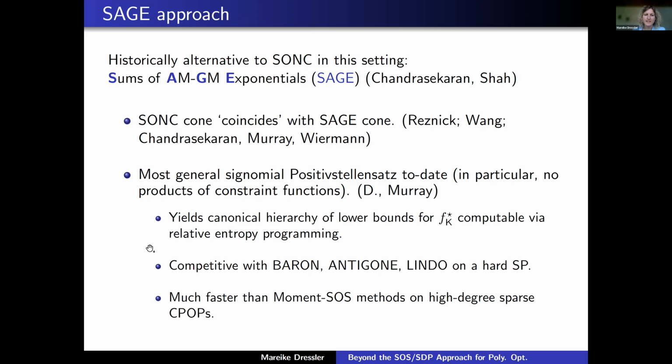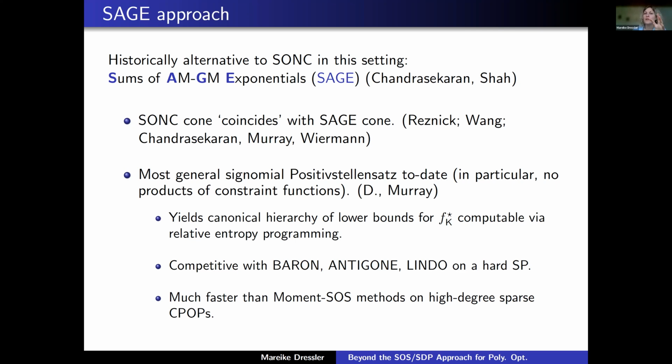And in various cases, it was now shown that the bounds we get with this approach are competitive with direct global solvers from the nonlinear optimization community, like Baron, Antigone, Lindo, on really hard signomial programs.